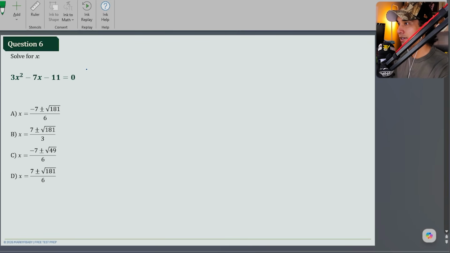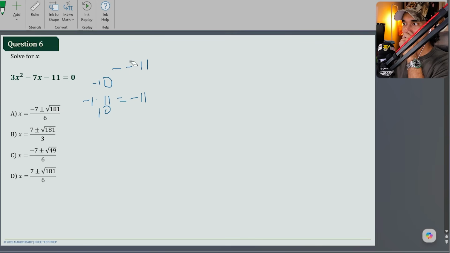Because the only factors you'll get are negative 11 times 1 equals negative 11. Those combined equal negative 10. Okay, do it in reverse. Negative 1 times positive 11 equals negative 11. Cool. But when combined equals positive 10, and that does not equal negative 7.